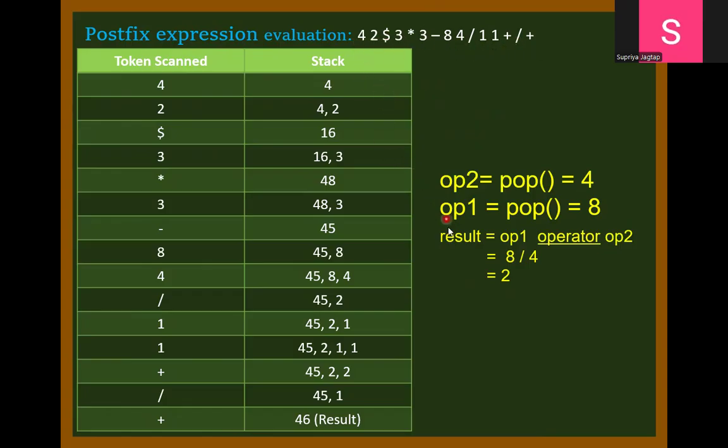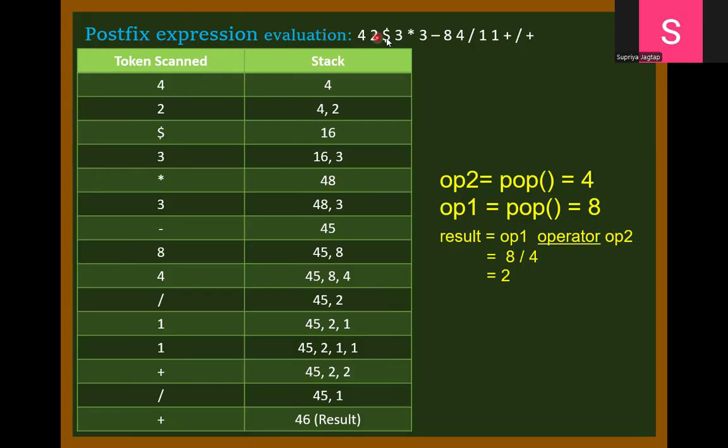Whenever we come across a number, we push it into the stack, and whenever we come across an operator, we perform a pop operation twice and apply that operator on the popped operands in this sequence. The first popped element is stored in the operand 2 variable, the second popped element is stored in the operand 1 variable, and we follow the sequence operand 1, operator, operand 2.